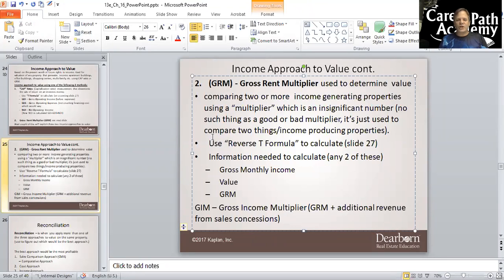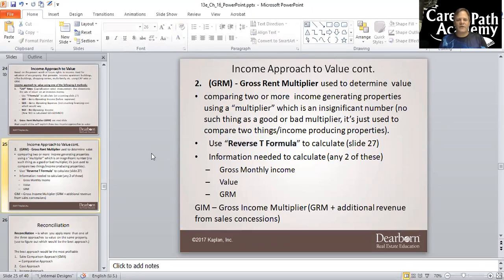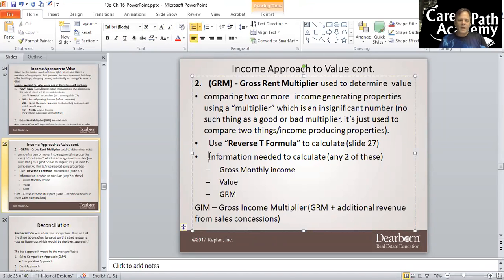When calculating the GRM, you have to use something called the reverse T formula. You're going to see why we call it the T formula in a moment. The information needed to calculate: you need any two of the following three items.